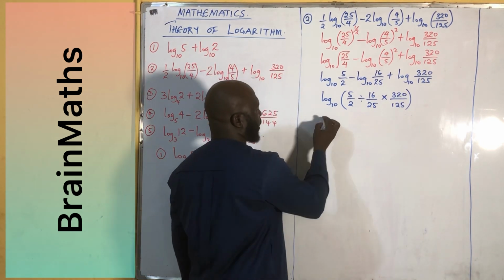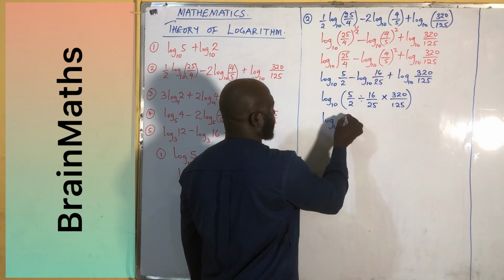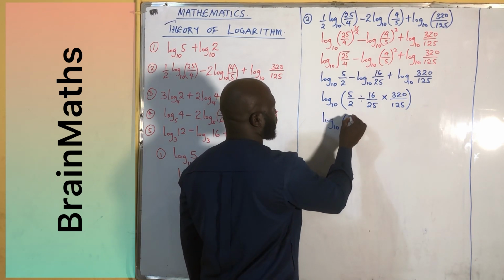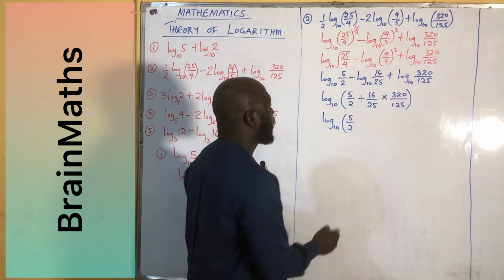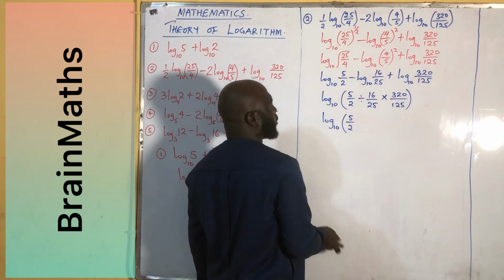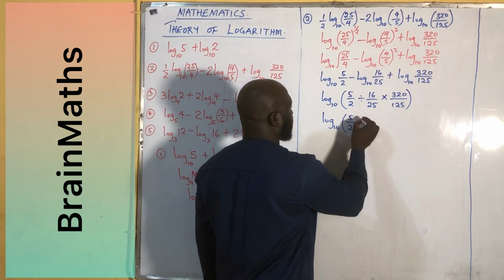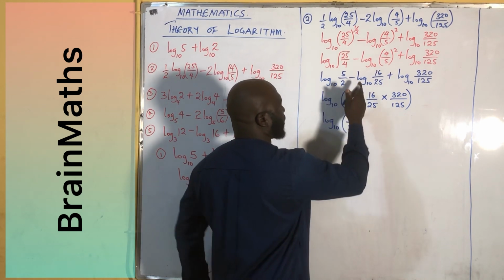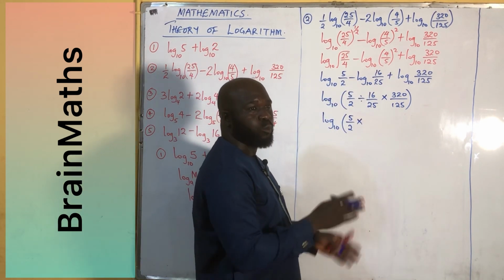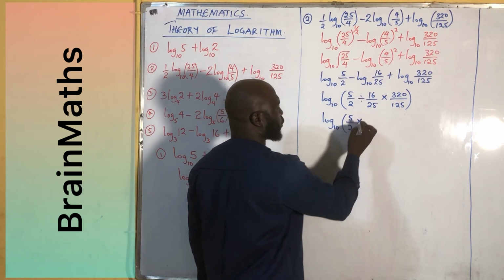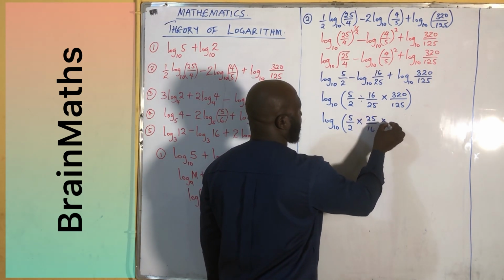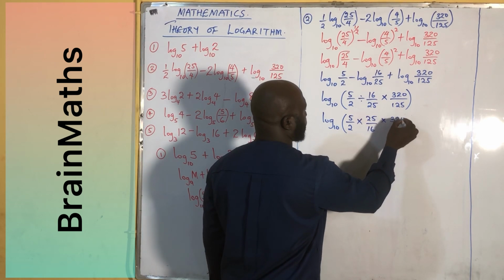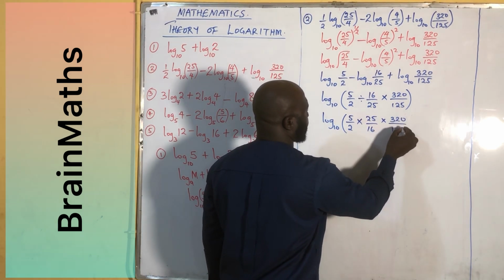So the next thing is to change the division to multiplication. And from our primary school rule, wherever we have division, changing to multiplication will make the numerator and the denominator interchange positions. So we have 25 over 16 times 320 over 125.